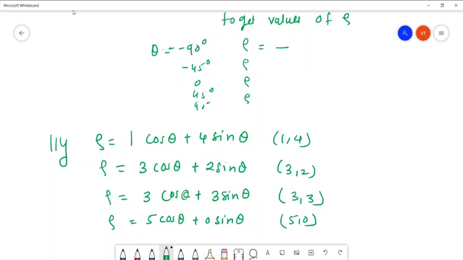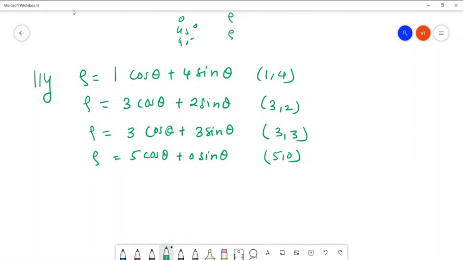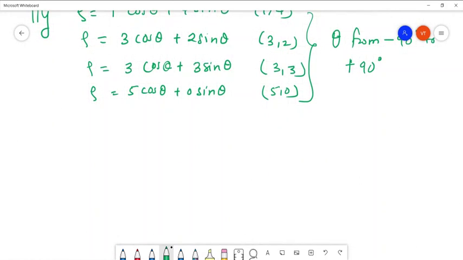And for all these lines, you have to vary theta from minus 90 degrees to plus 90 degrees and find out the corresponding value of rho. And then you can plot rho versus theta.